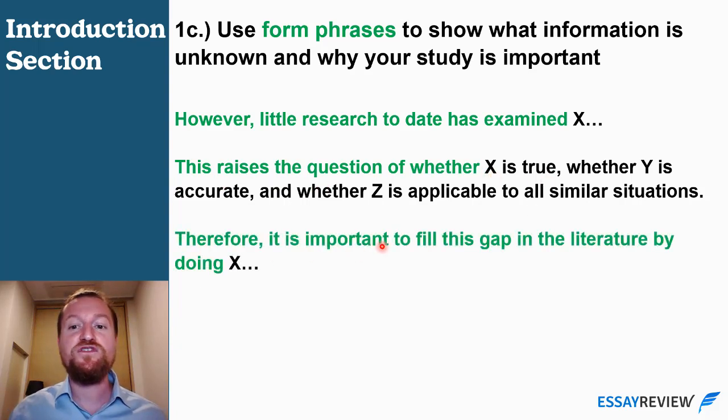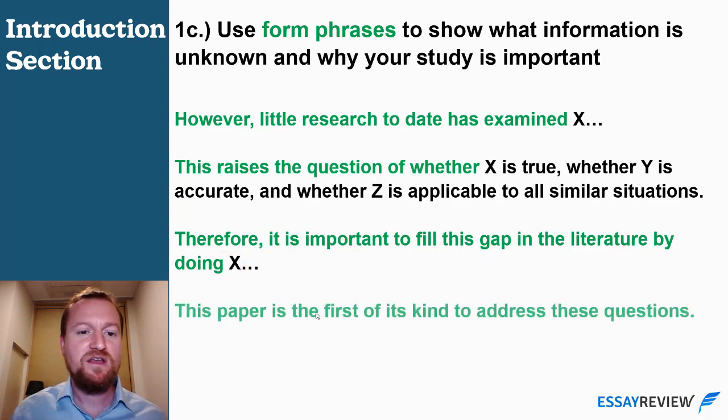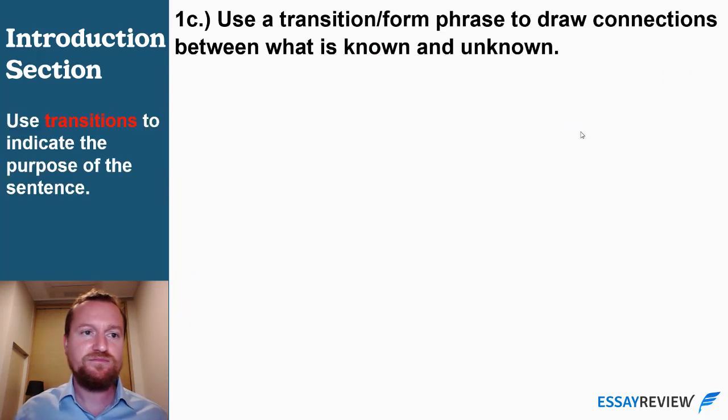Therefore, it is important to fill this gap in the literature by doing this method, X method. This paper is the first of its kind to address these questions. Okay, this discusses the novelty of your paper. And you probably won't be the first one to use a method, but if you are, this is a good sentence. Okay, so these form phrases and others are useful in showing why your study is important.